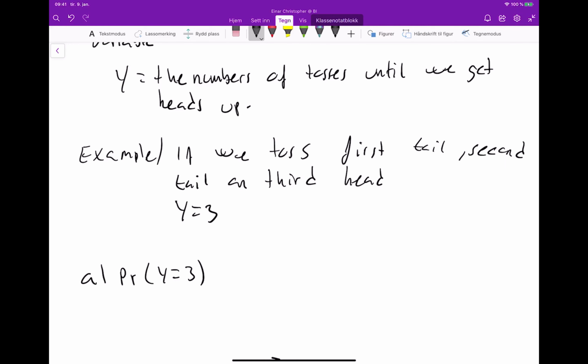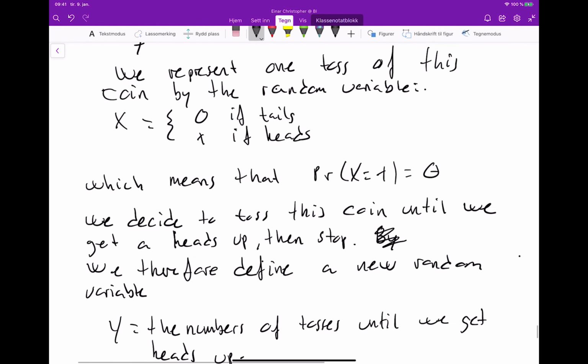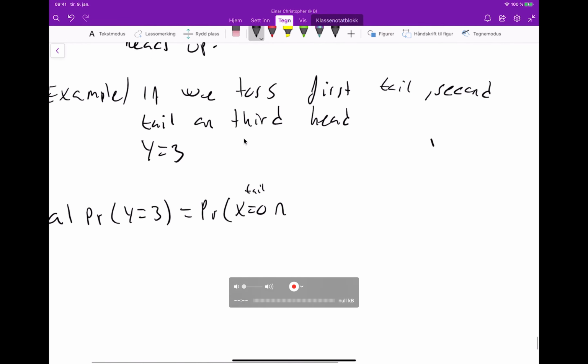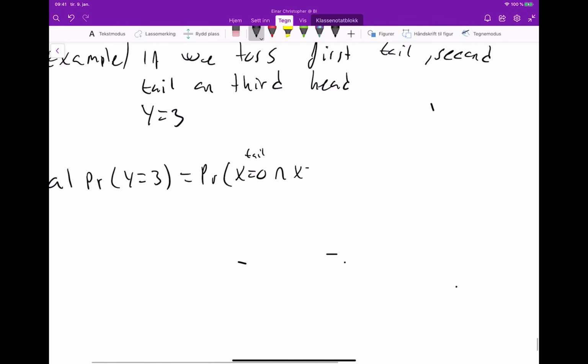But y equal 3 is actually the same as the probability of x equals 0, that means tail, remember x equals 0 if tail, and x equals 0 next time, tail, and then x equals 1, head.